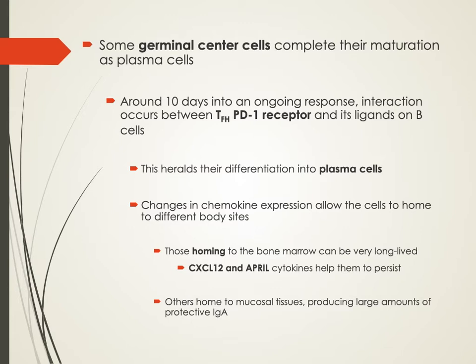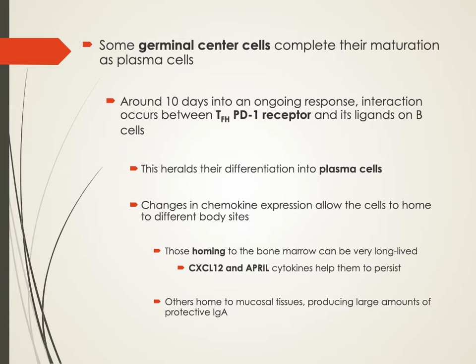Those cytokines persist, and so the cells are able to sense those and migrate back to the bone marrow, so that we can have these memory cells in the bone marrow. We can also have plasma cells, so we can get secretion of the antibodies from the bone marrow.